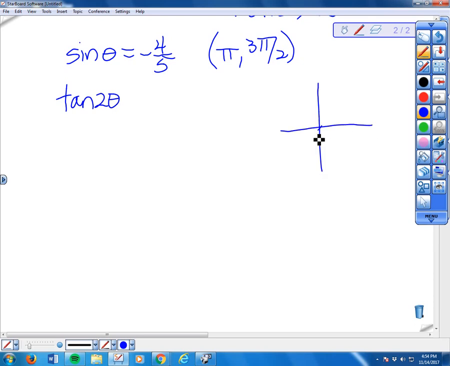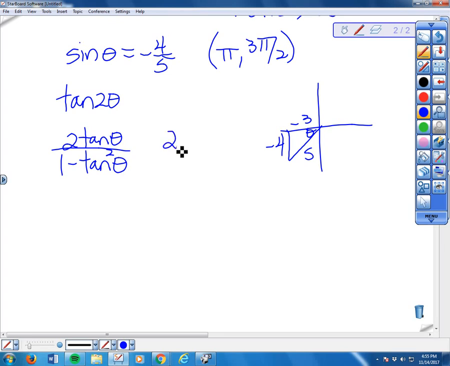Third quadrant, there's theta, sine, so this is the x value, negative 3. I use the equation for tangent 2 theta, which is 2 tangent theta over 1 minus tangent squared. And tangent theta is 4/3.